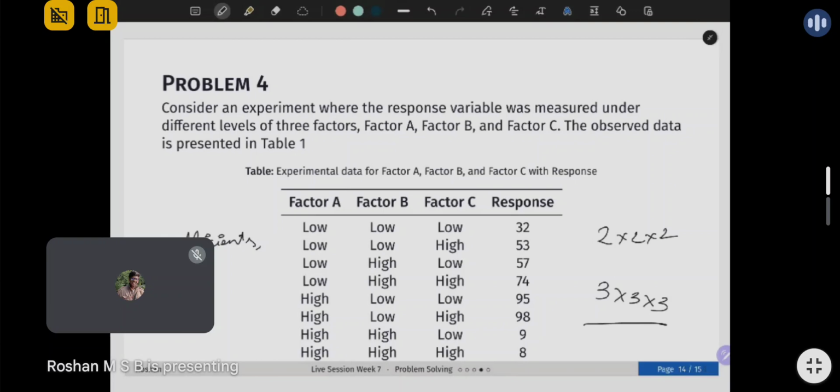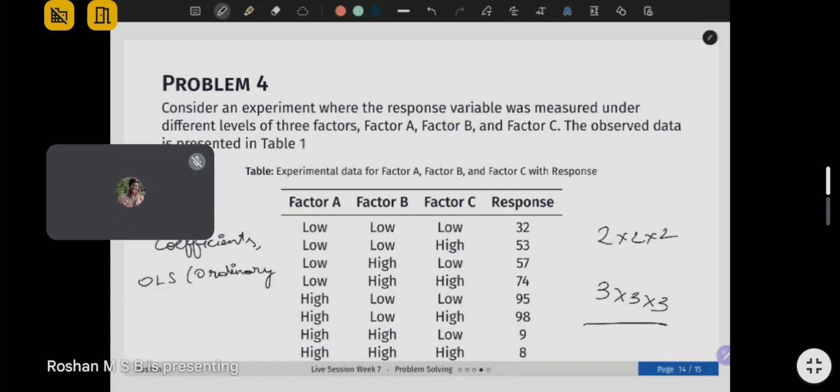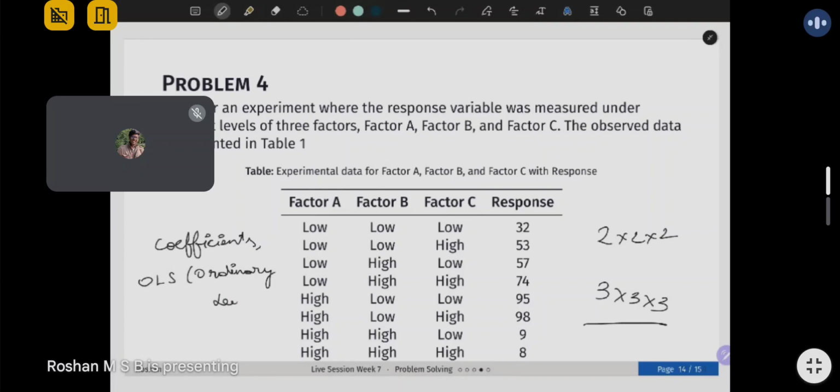In the regression case, there is something called OLS, or ordinary least squares. That is one way. You can have TLS, or total least squares. There can be WLS, that is weighted least squares.